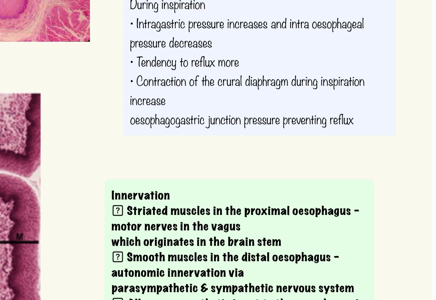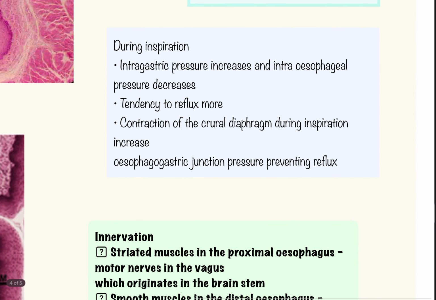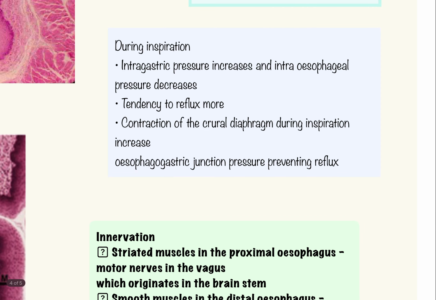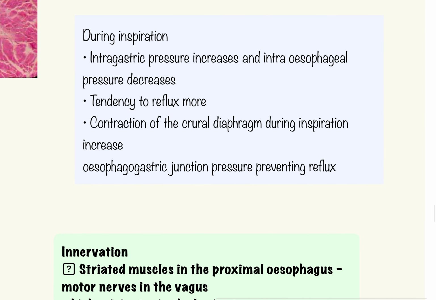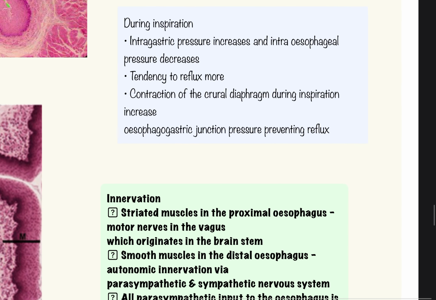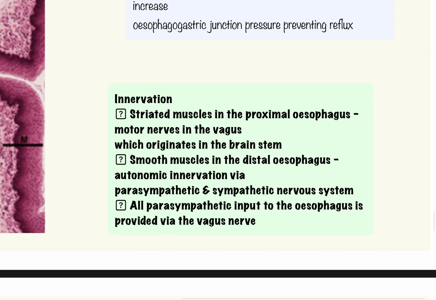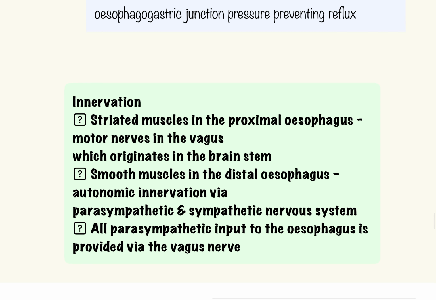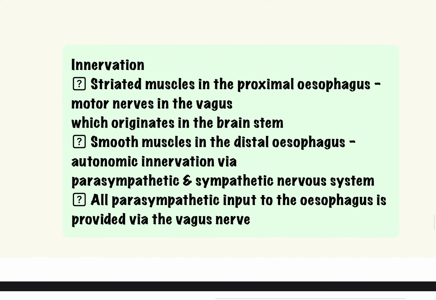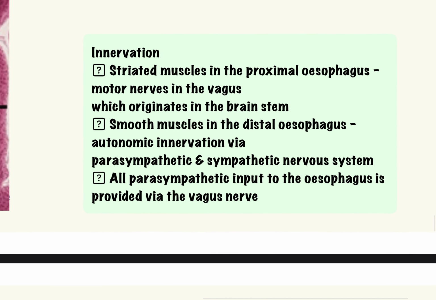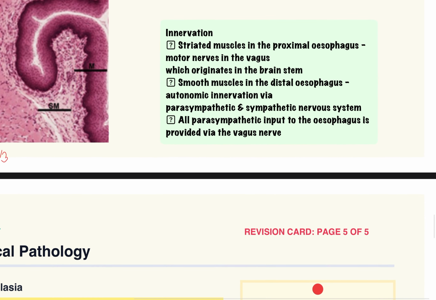So if there is a problem in the crura of the diaphragm, there will be reflux. But due to this pressure increase in the esophagogastric junction from the crural diaphragm, it will prevent reflux. The striated muscles are innervated by motor nerves in the vagus, and smooth muscles by autonomic innervation via parasympathetic and sympathetic.